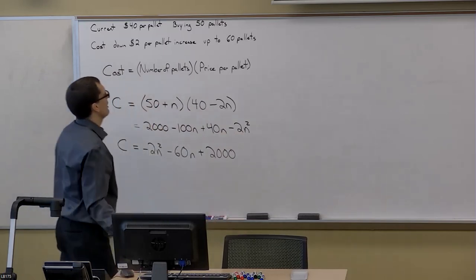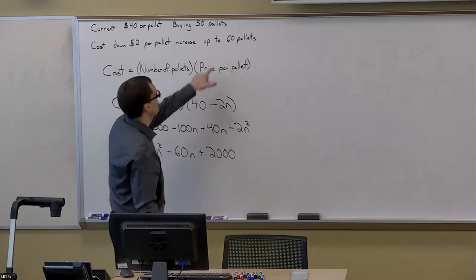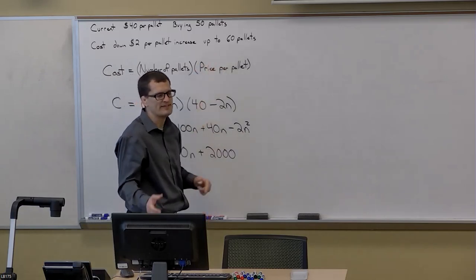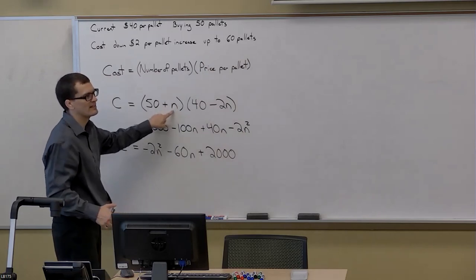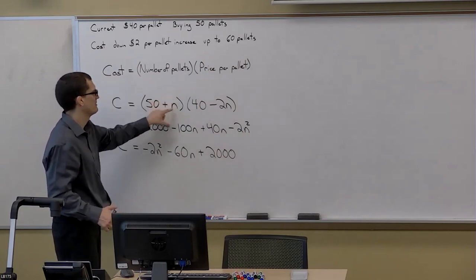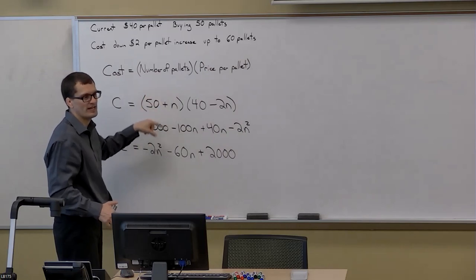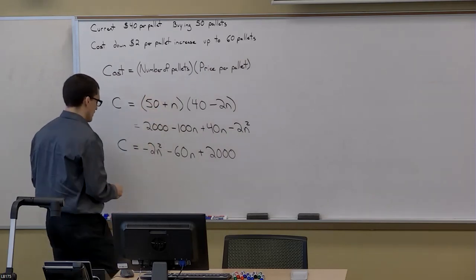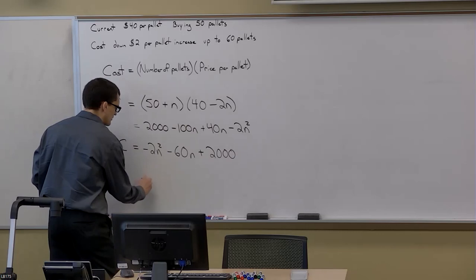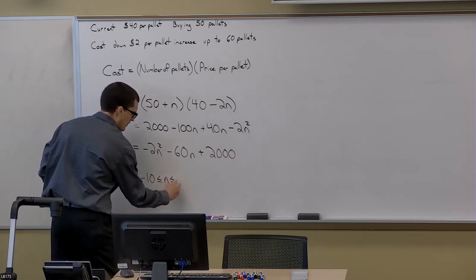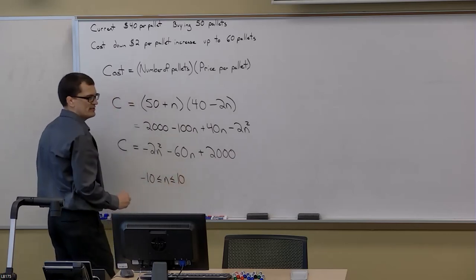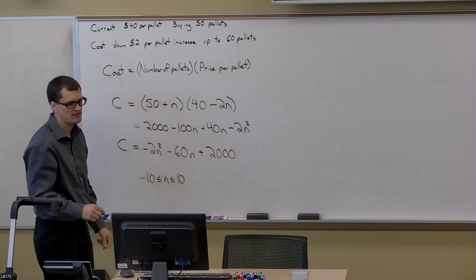Now, I do want to note that this said up to 60 pallets and then down to 40. So n technically can only be a 10 swing. Does that make sense? So technically this only works when n is between negative 10 and positive 10.